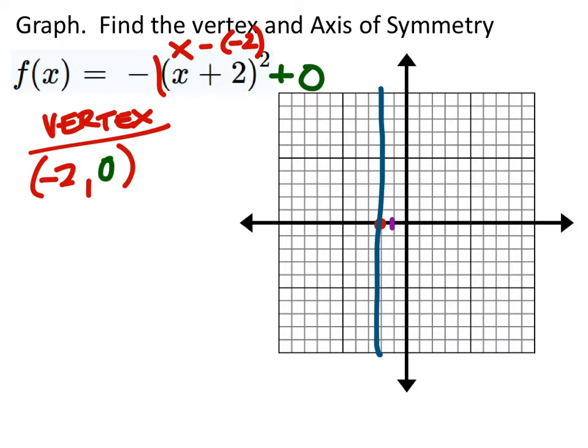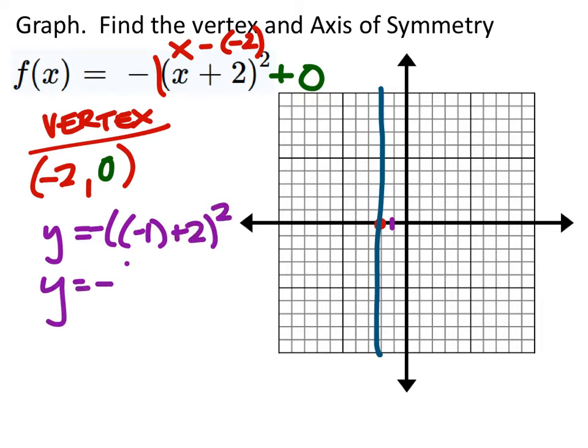So y is negative of negative 1 plus 2, squared. Negative 1 plus 2 is 1 squared, so y is negative 1. So when x is negative 1, I get y at negative 1 as well.